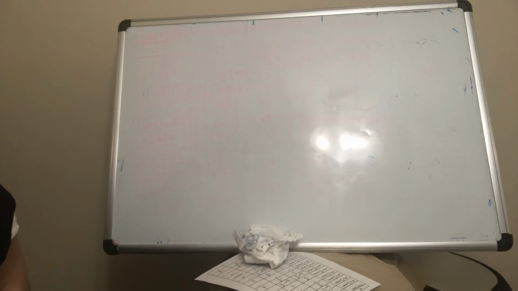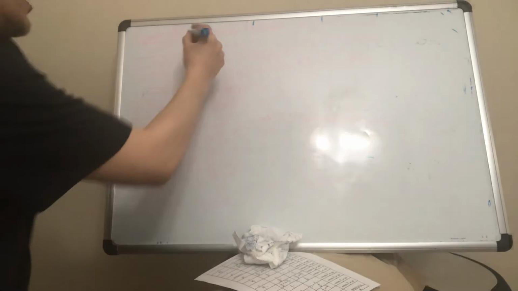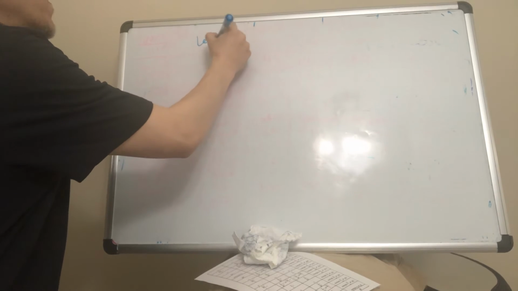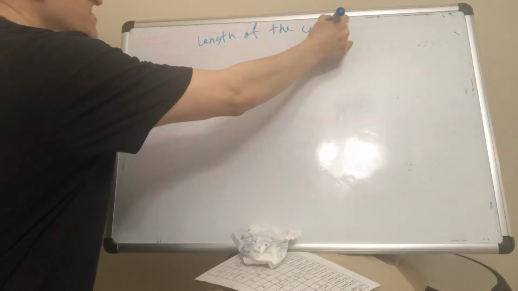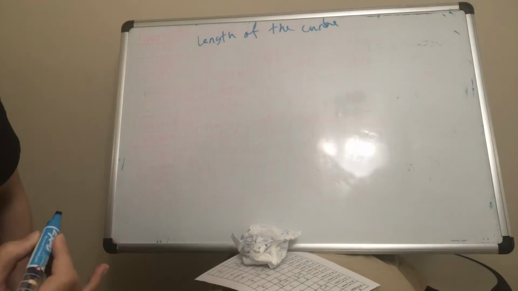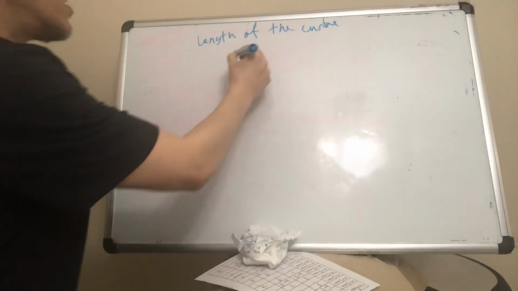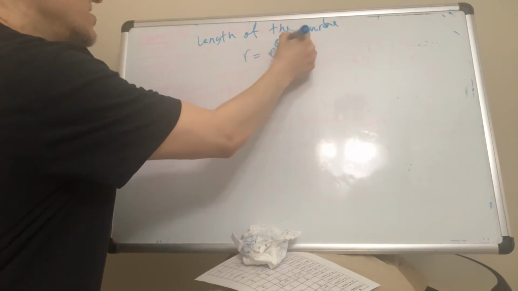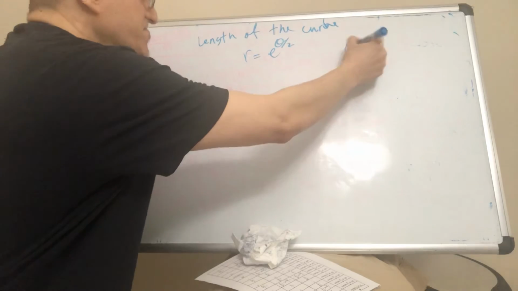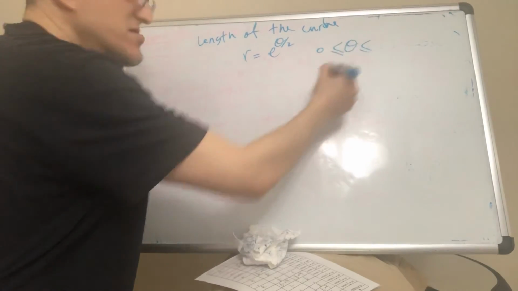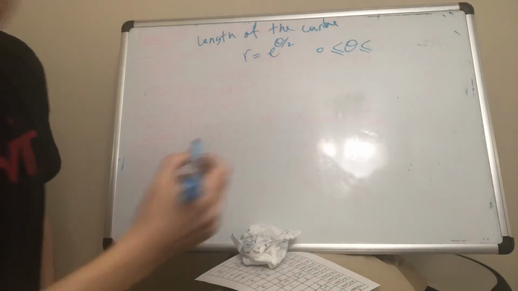Yeah, here we go. Now, the question is the length of the curve, and it's r equals e to the theta over 2, with theta between 0 and 4 pi.